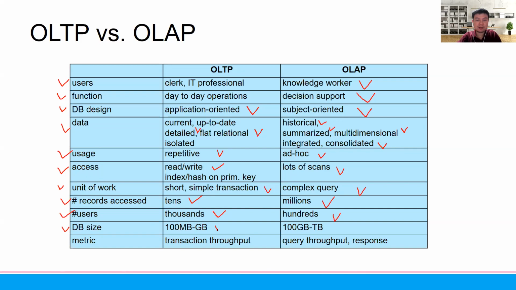The DB size of the OLTP usually is not that huge, because after you run the operation, you will do the backup, and the backup will go to the data warehouse, for example, which is related with the OLAP. So the OLAP usually is larger than the OLTP. The metric to measure the OLTP is usually the transaction throughput, so how many transactions you can handle in one day, for example. For the OLAP, it is more related to the query throughput or the response.